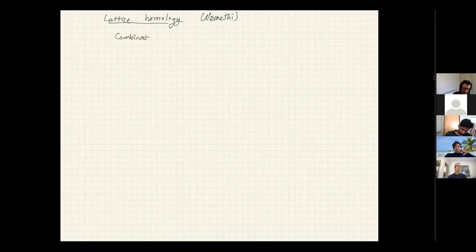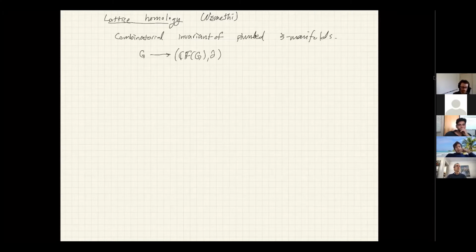So I'll review the definition, or one of the ways to define that, so people can get a flavor of it. But to one of these weighted trees, there's an invariant which I'll call CF_G, and it's a chain complex. And the homology I'll denote HF_G.